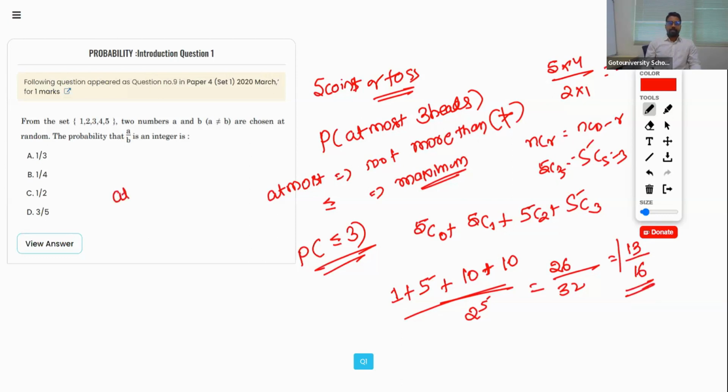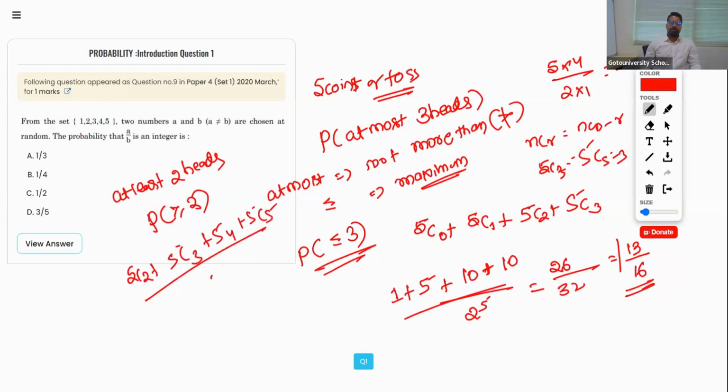If I say at least 2 heads, the probability of getting at least 2 heads involves 5C2 plus 5C3 plus 5C4 plus 5C5, divided by 32.